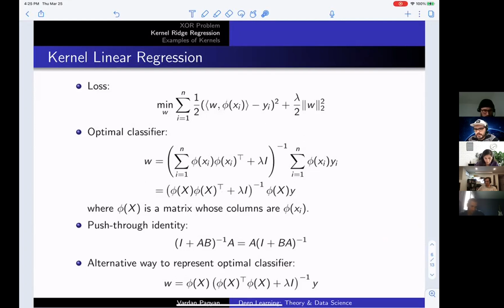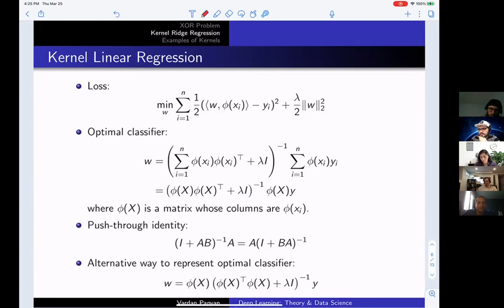Now, we can at this point just repeat the same steps that we did in the last slide and obtain, again, the optimal classifier. So in this case, the optimal classifier is going to be phi x transpose plus lambda I inverse times phi x y.